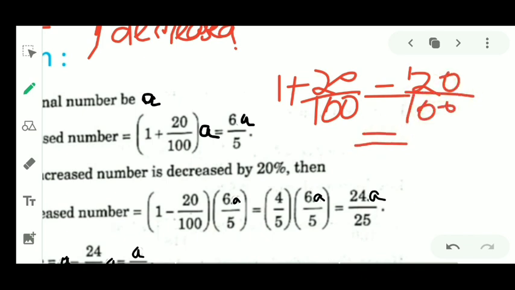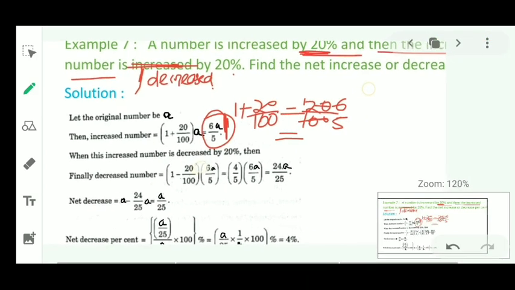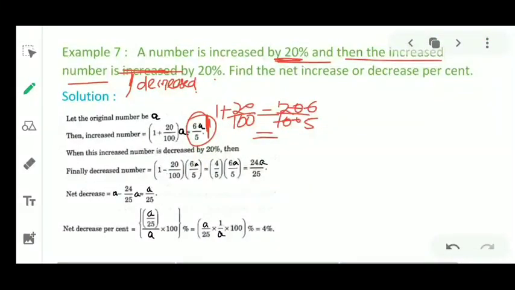Then divide this fraction by 20. 20 6s are 120, 20 5s are 100. So 6a by 5. The increased number is 6a by 5. The original number is a, and when we increase the original number by 20%, then we will get 6a by 5. Clear?